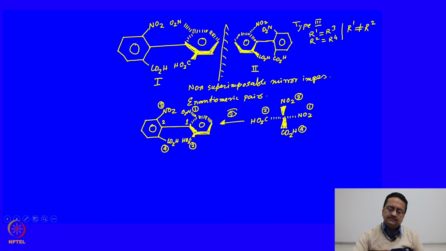Now, what we see is this particular orientation is not like the projection of Fischer. So, we should rotate the molecule by 90 degree in clockwise direction to get this orientation.